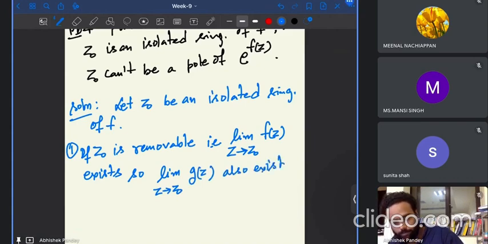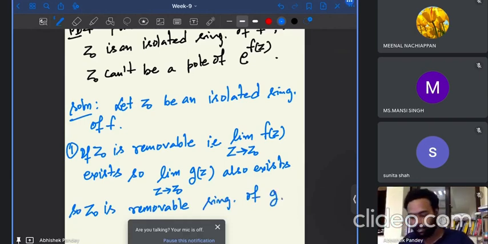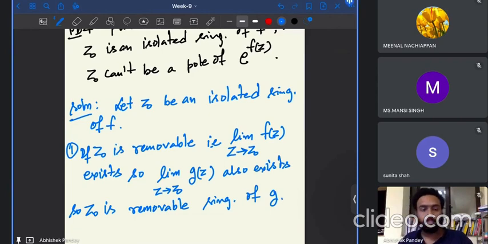Hence z naught is a removable singularity of g. So if z naught is removable for f, then it is also removable for g.